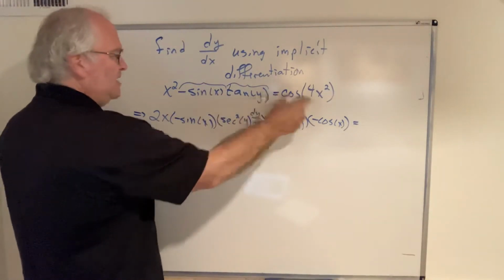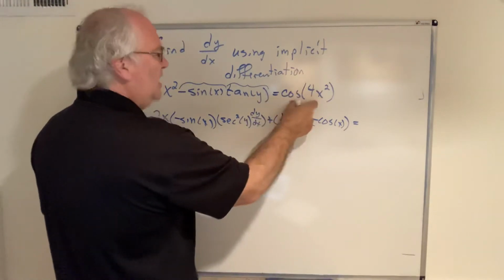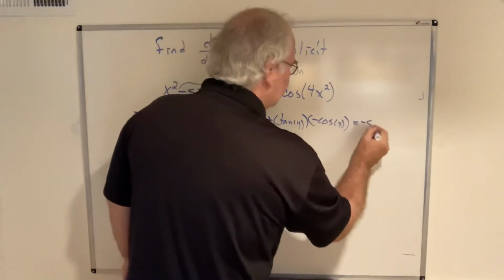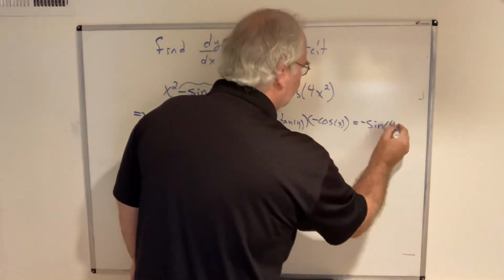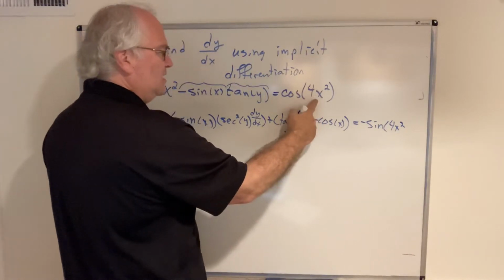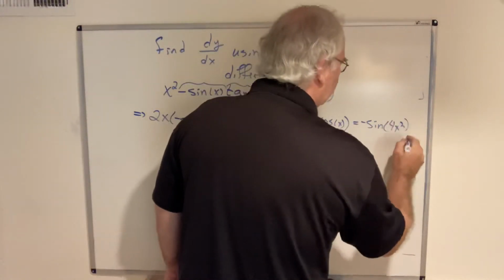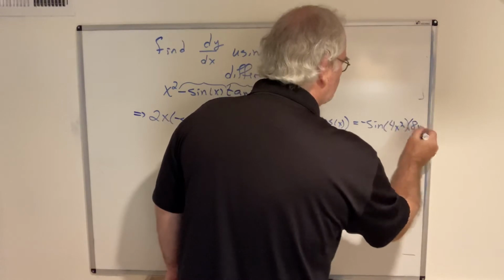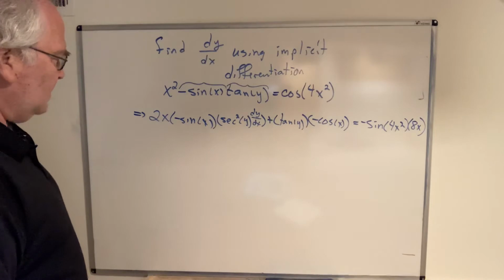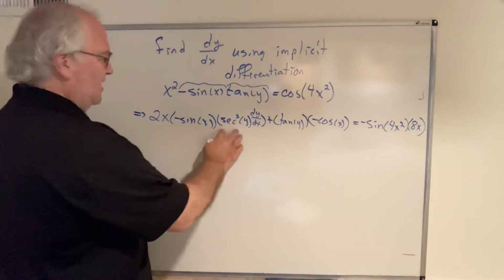And so then the last piece is we need to find the derivative here using chain rule. The derivative of cosine of something is negative sine of that something times the derivative of that expression, which in this case is 8x. All right, so that is a great big mess. Let's see if we can clean all this up a little bit.